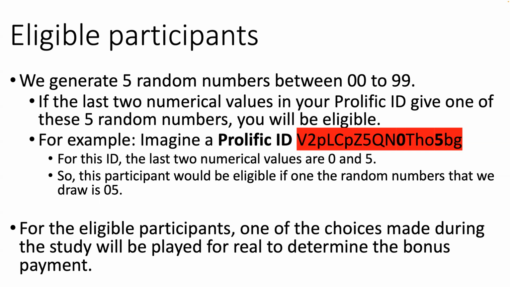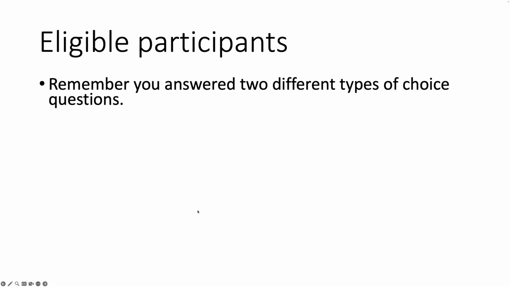So then afterwards, once we determine who the eligible participants are, for those participants, one of their choices during this study will be played for real to determine their bonus payment. Please recall that during the study, you answered 2 different types of choice questions.